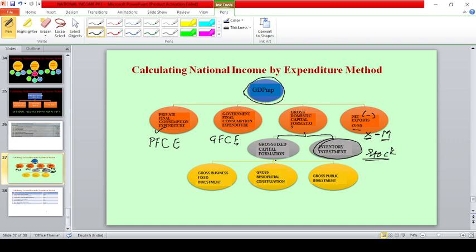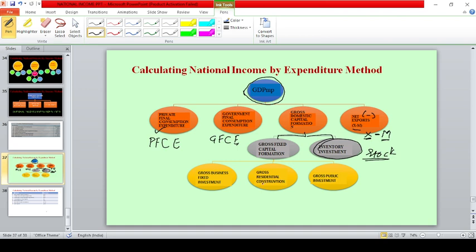Gross fixed capital formation is further divided into gross business fixed investment, whatever investment has been done by the business sector in various businesses.